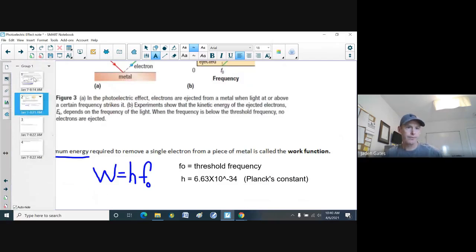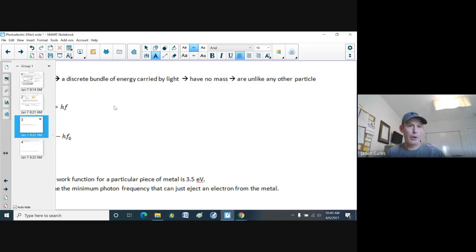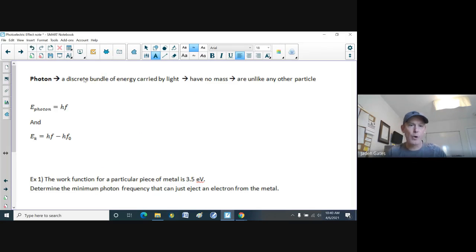Now, the second part, again, we talk about these photons. You can look at it as light has energy, and light is composed of photons. Now, the energy that's in the photon is defined as h times f. So whatever frequency you have from the electromagnetic radiation, it's Planck's constant times f.